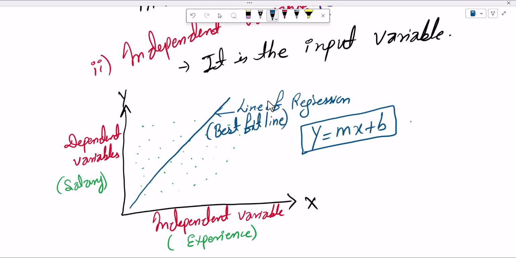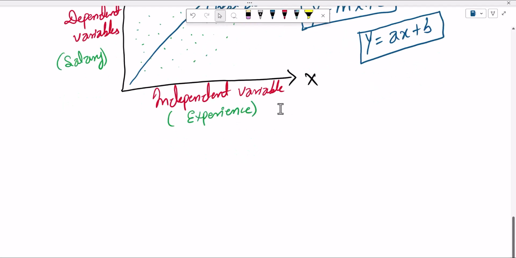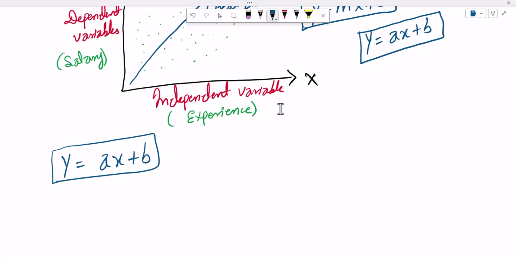You can also write it as y equals ax plus b. I will explain what y, a, b and x are. Generally this is the equation, y equals ax plus b. Here m and a are the same thing, that is the slope.